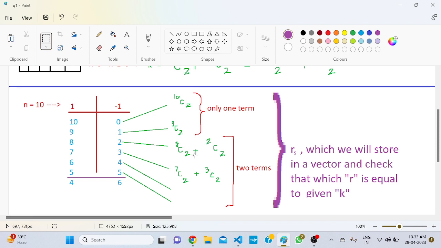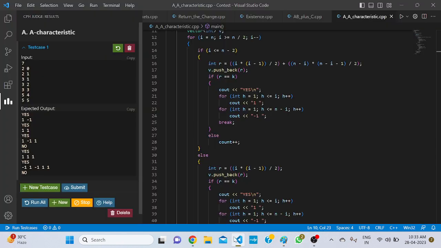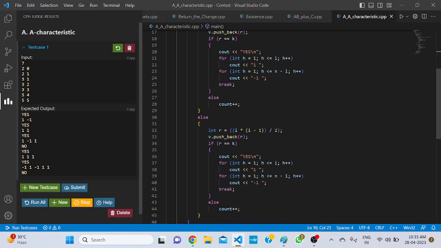So we will print 1 times minus 1. Here I have written that for h equal to 1, h less than or equal to i, we will print 1, and for h equal to 1, h less than or equal to n minus i, we will print minus 1, and we will break the loop.